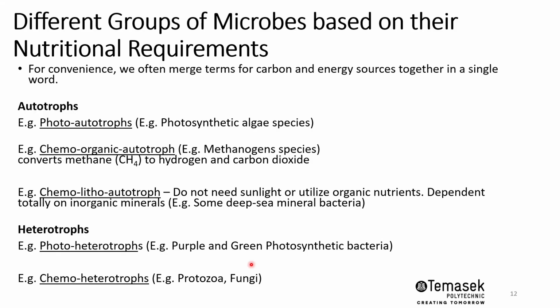They still require organic compounds as their carbon source. We have another category also known as chemoheterotrophs. Again, heterotrophs are dependent on others for food. In this case, they depend on others for nutrients in terms of organic compounds. Here we're looking at protozoa and fungi.